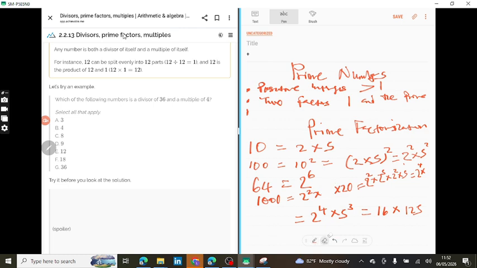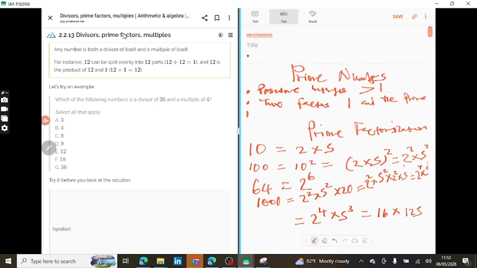So this is rather 5 raised to the power 2. 5 raised to the power 2 times 5 is 5 raised to the power 3.